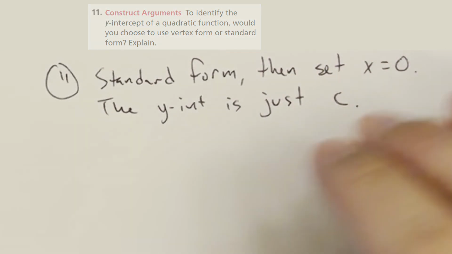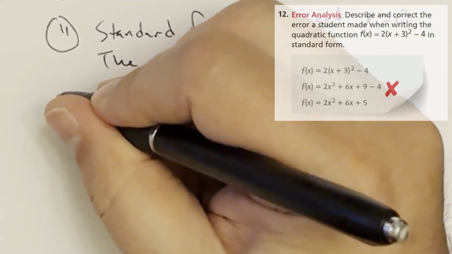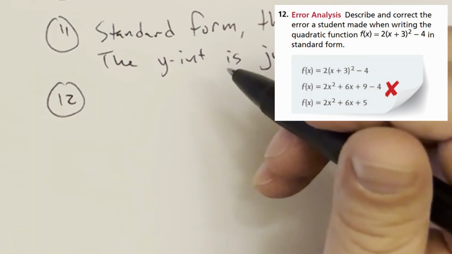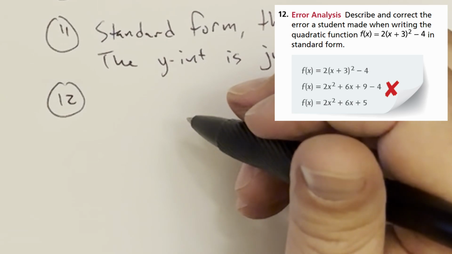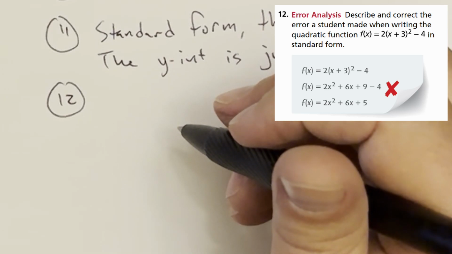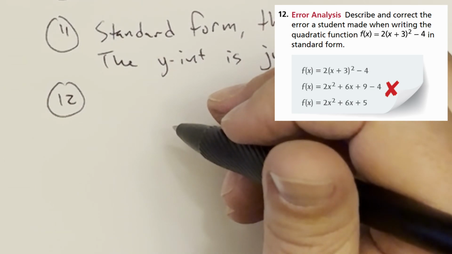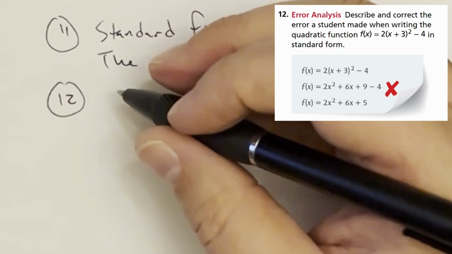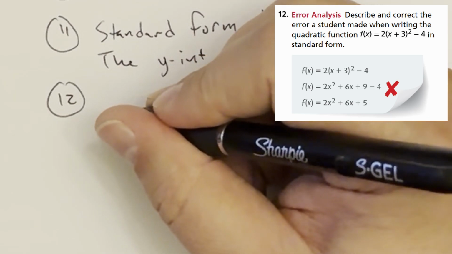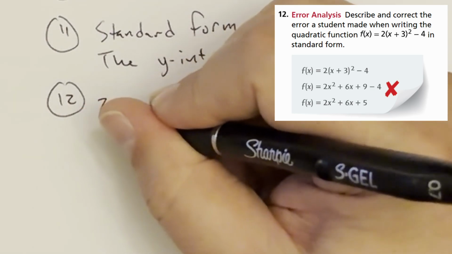Another correct the error. Describe and correct the error a student made when writing the quadratic function 2 times (x plus 3) squared minus 4 in standard form. So we have to multiply the x plus 3 in parentheses by itself, which would be x squared plus 6x plus 9 times 2. So we'll write that out. 2 times (x plus 3) squared minus 4.